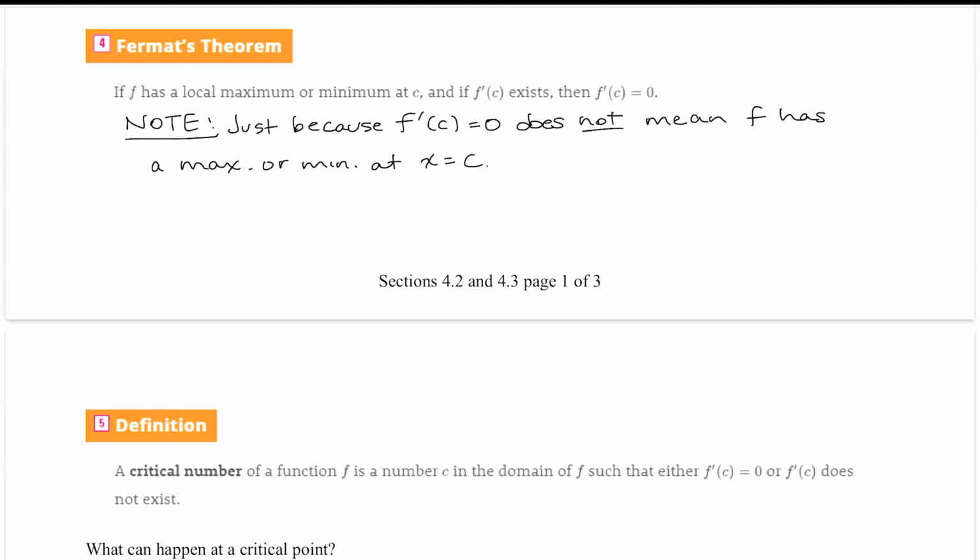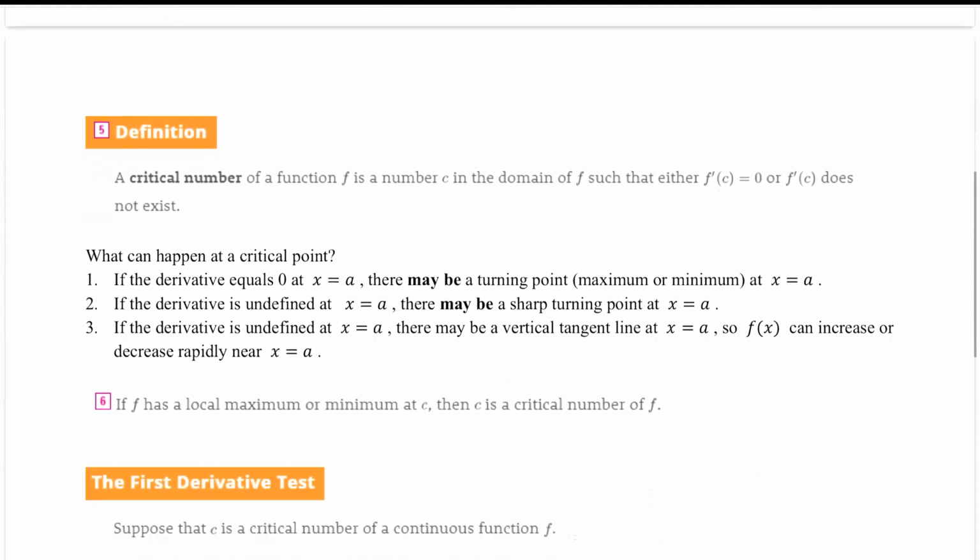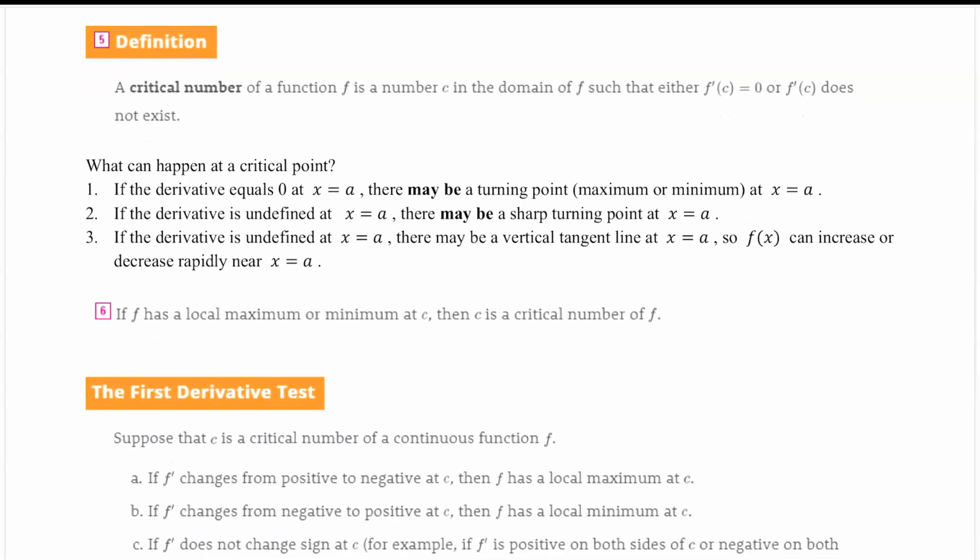And again, notice your book is saying local max or min at c. So the input value is where the max or min occurs. The max or min itself is f of c. But again, just because the derivative equals 0 doesn't mean you automatically have a max or a min. But if you do have a max or a min and the derivative exists, then the derivative must be 0 at that max or min, assuming it exists.